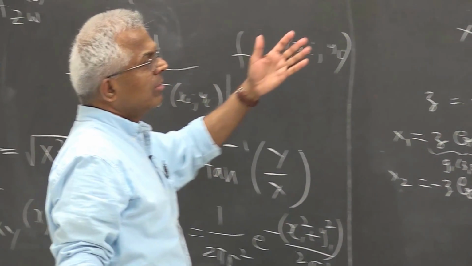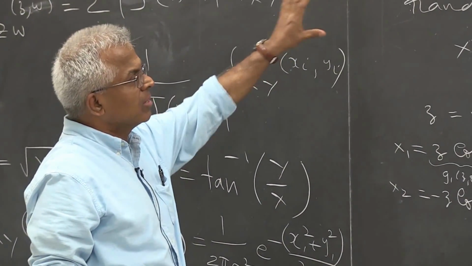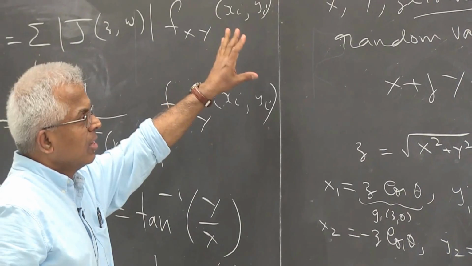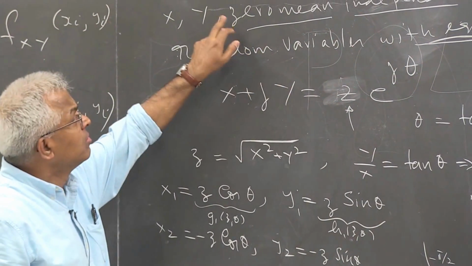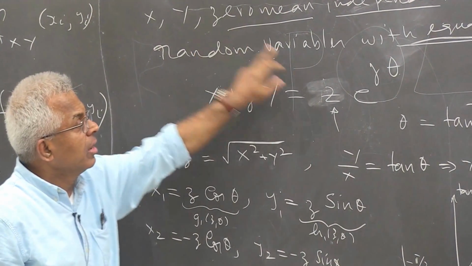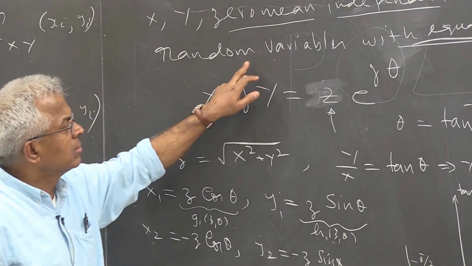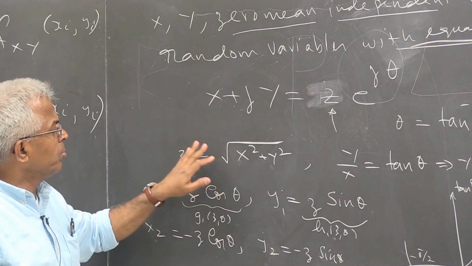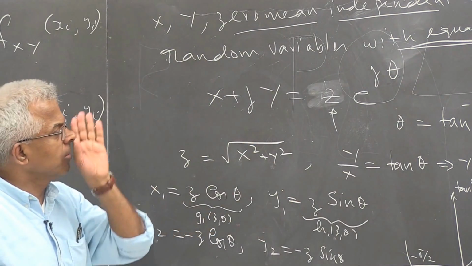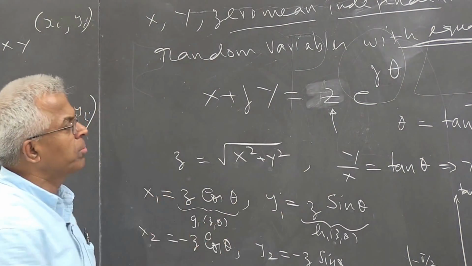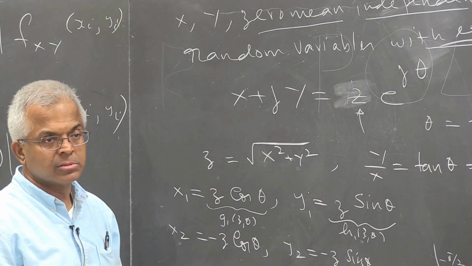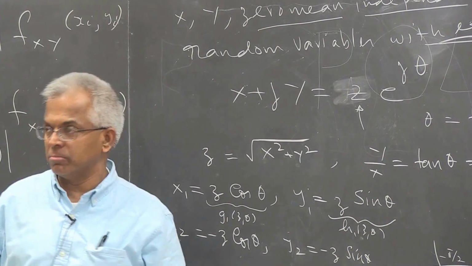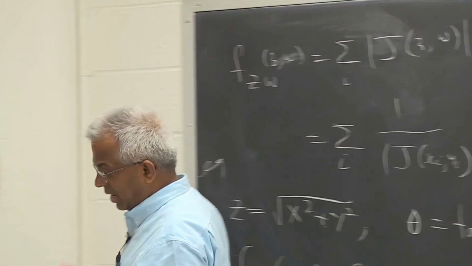So the general theorem, or a special case, is that when you have a complex Gaussian random variable which is zero mean with equal variance and independent, the magnitude and phase, whether you consider the principal value or from minus pi to pi, are independent random variables. So let me consider a generalization of this.